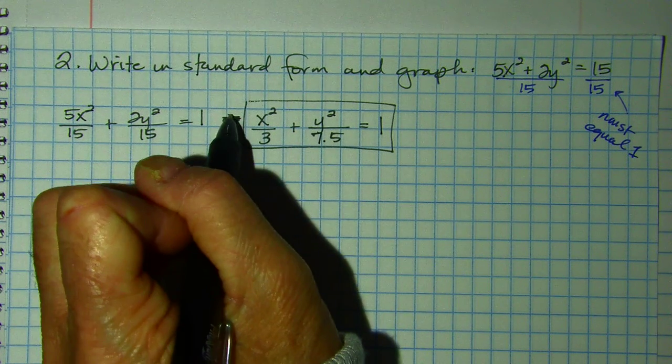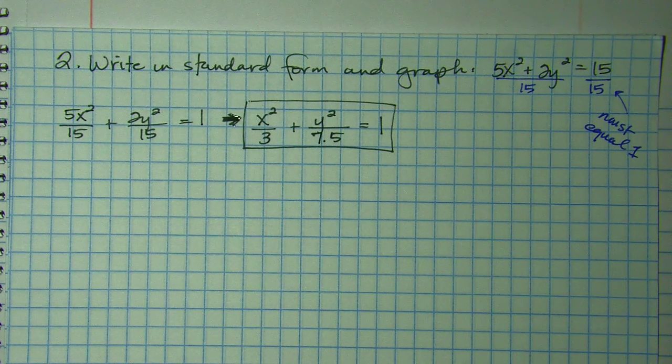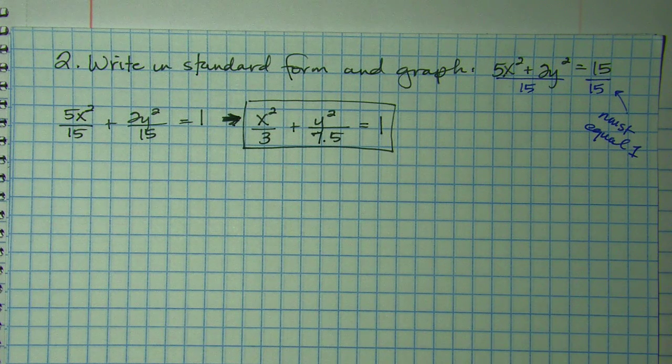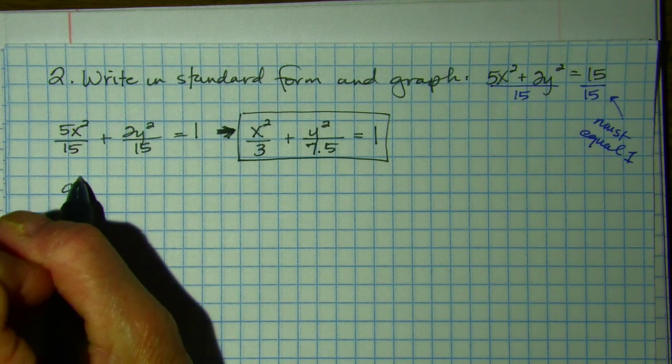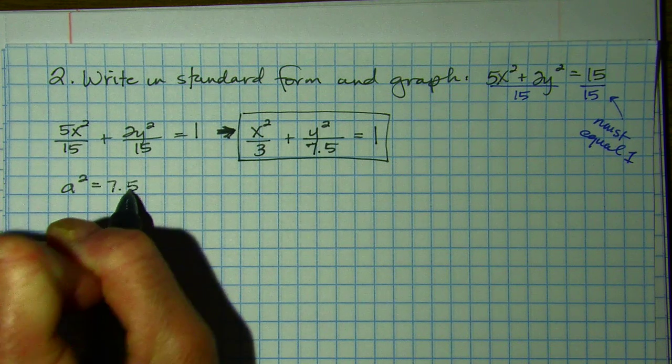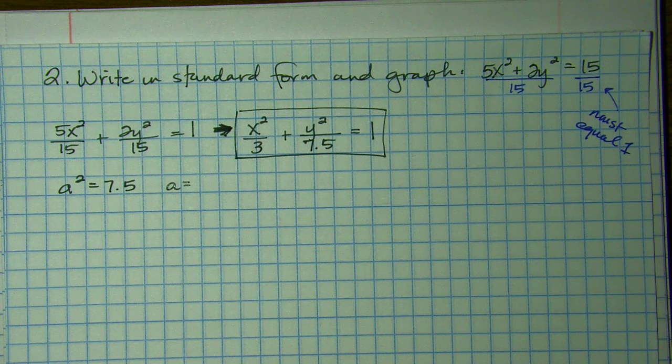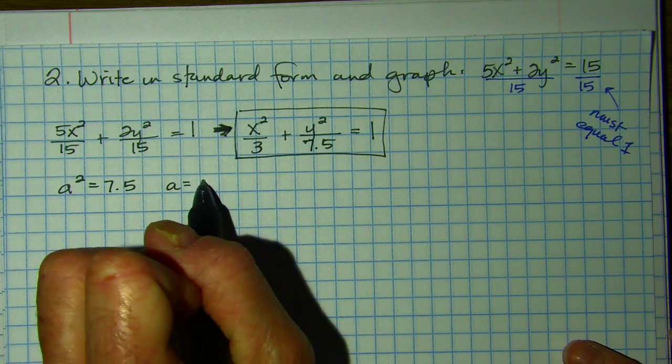And it's okay to have non-perfect numbers. So now I'm going to identify A, B, and C. Now remember, A squared will be the larger number. So in this case, A squared equals 7.5. To find this, you're going to have to take the square root. So the square root of 7.5, I get 2.74.